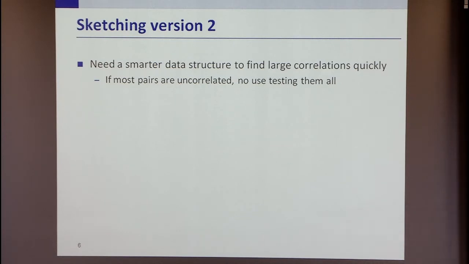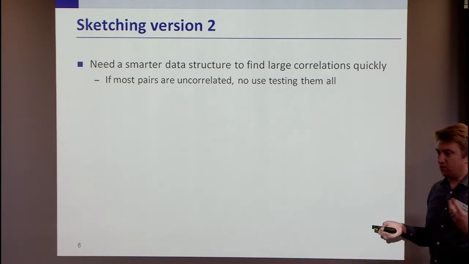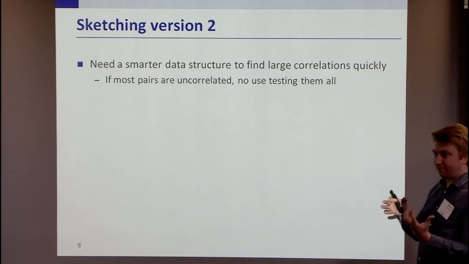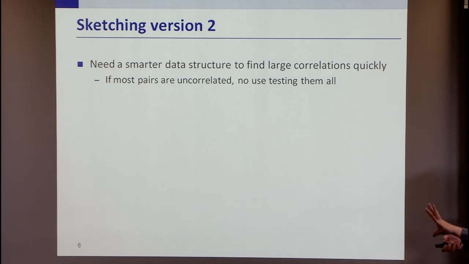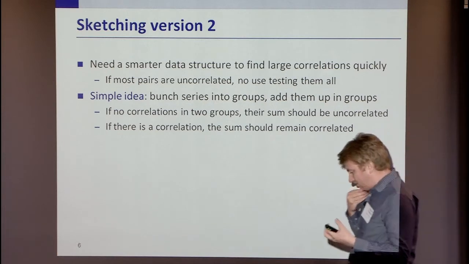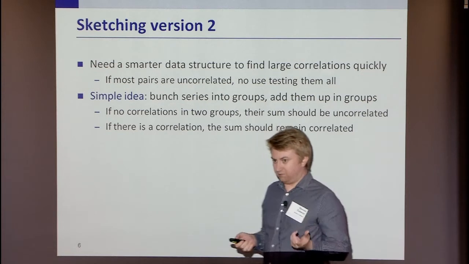Okay, so essentially we have a sort of an algorithmic search problem. We want to say where are the significant correlations. So let's flip around that comment from earlier that said if most things are correlated, you can't beat that. If most things are uncorrelated, then there's no point trying everything. You'd like to essentially find clusters of uncorrelated things and say, right, I need to do no further work on these clusters. So the high level idea you'd like to put into practice is to say, let me do some kind of clustering.